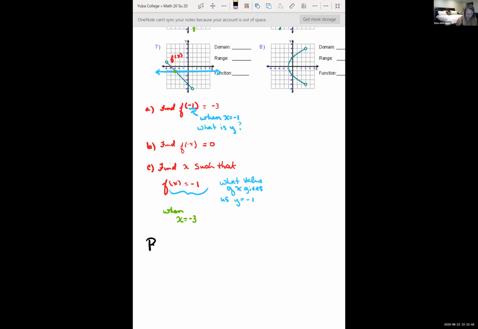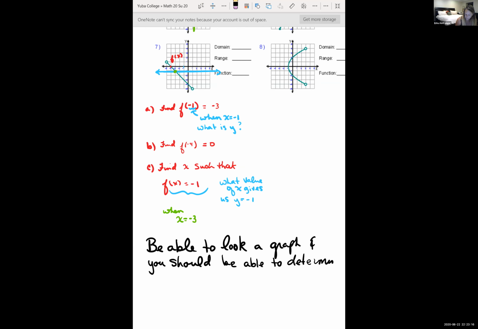So you should be able to look at a graph and determine the following.